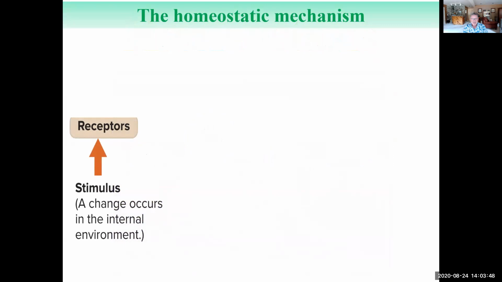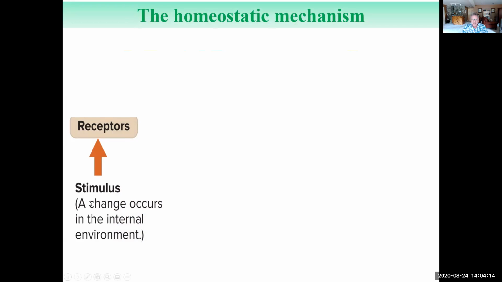You have little hearing receptors, if you will, in your inner ear. We have pressure receptors in our body that can monitor things like blood pressure. When the blood pressure falls or goes up, these receptors become stimulated. When light hits your retina, the photoreceptors become stimulated.